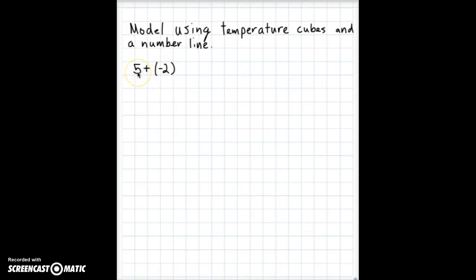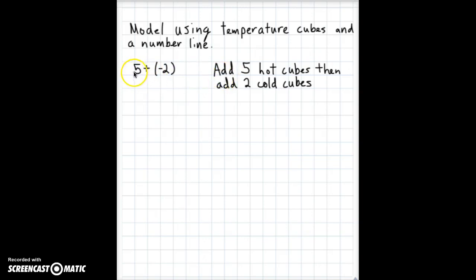And that means, in the context of temperature cubes, add 5 hot cubes, then add 2 cold cubes. And you can see that we start with adding 5.